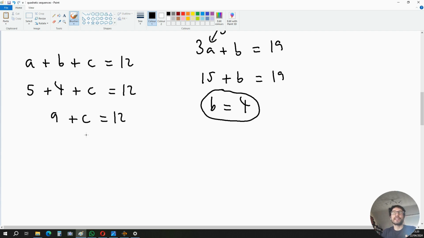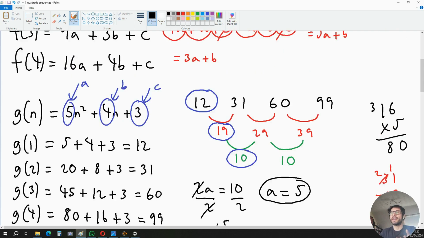If we subtract 9 from both sides of this equation, we get c is equal to 3. Okay, so we found a and b and c. As we can see over here, c is definitely equal to 3. So this is how we reverse engineer these quadratic sequences and find the terms a, b, and c.